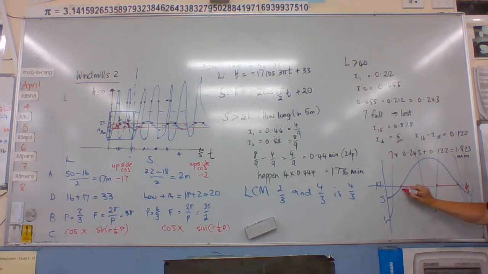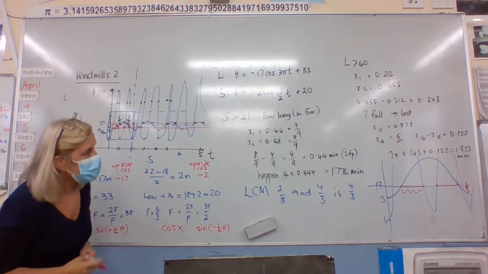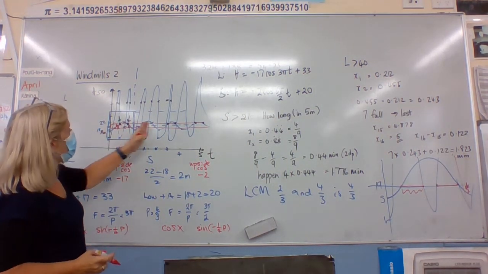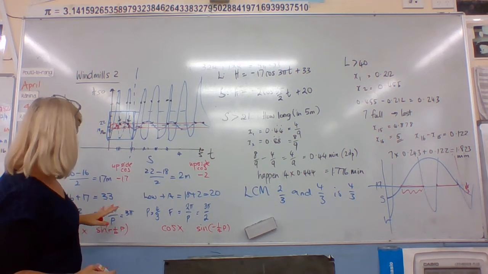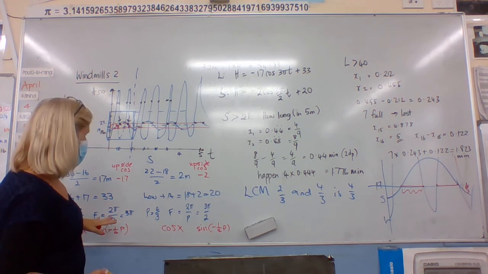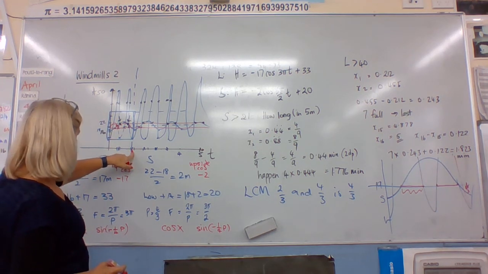So I need to find this much and multiply it by however many of these graphs fit in my 5. So I've got 4 graphs in my 5, I think I've worked out. They repeat every, what is this?